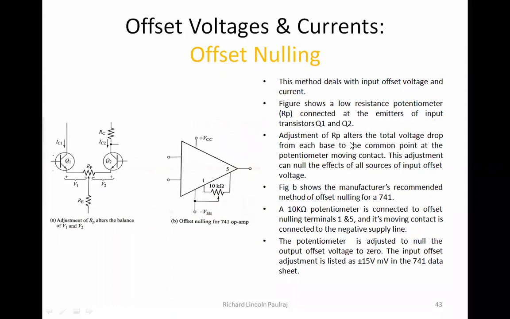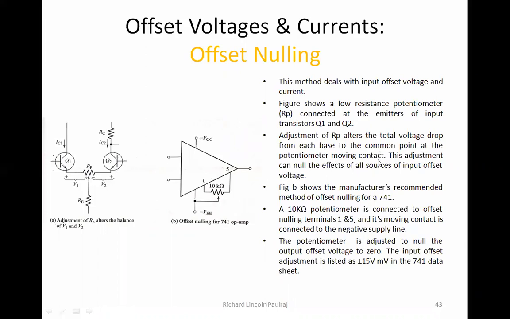Adjustment of Rp alters the total voltage drop from each base to the common point at the potentiometer moving contact. So if in case there is a lot of input offset voltage, then probably I can increase the resistance, due to which there can be a huge drop.